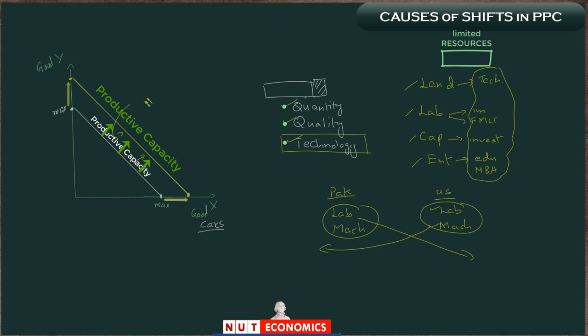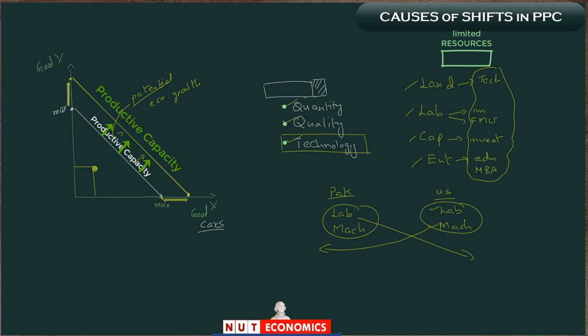And this outward shift, remember, is also known sometimes as potential economic growth, because your country's potential to produce goods has increased. And the reason we are calling it potential economic growth, this shift outwards of the PPC, is that, look, what your country actually produces depends on which point within this graphical space, which combination your country is deciding to make.